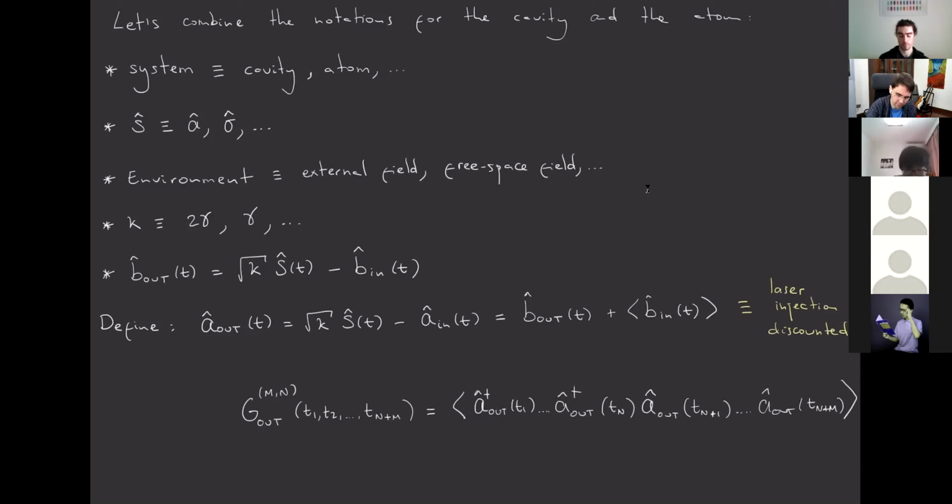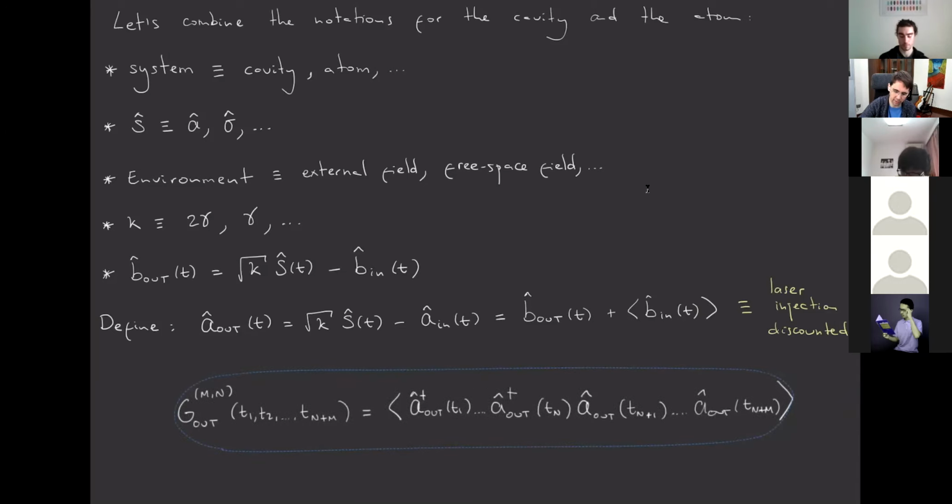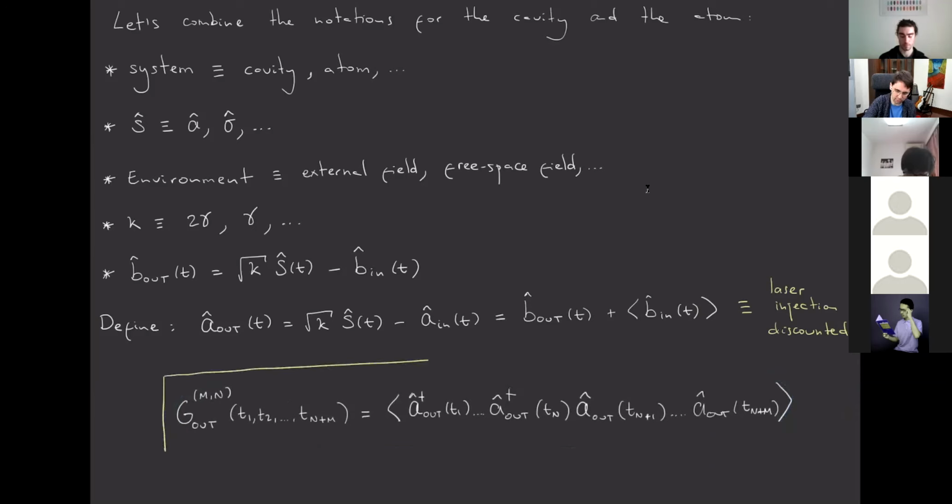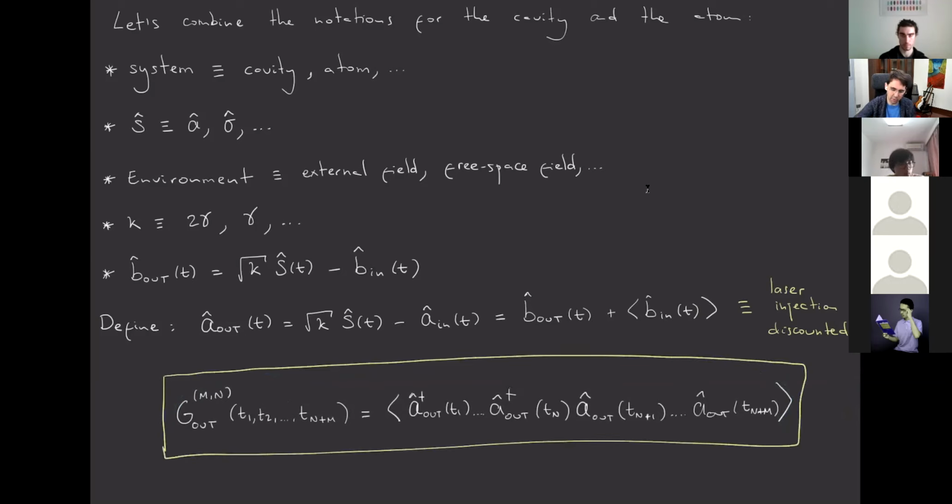This is the most general object that we can measure in an experiment that involves just photodetectors and the possibility of combining our output with other lasers.